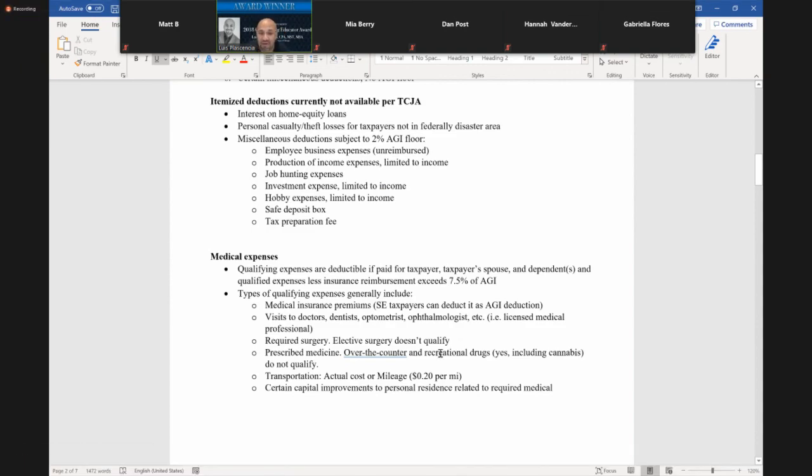Prescription medication is deductible. Over-the-counter medication is not deductible. So if you buy Advil, that's not deductible. But if you get a prescription for ibuprofen, then that's deductible. Recreational drugs are not deductible. Yes, that includes cannabis. So speaking of which, let's think about this for a second.